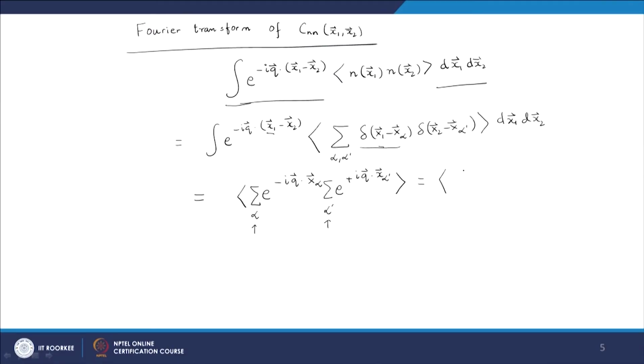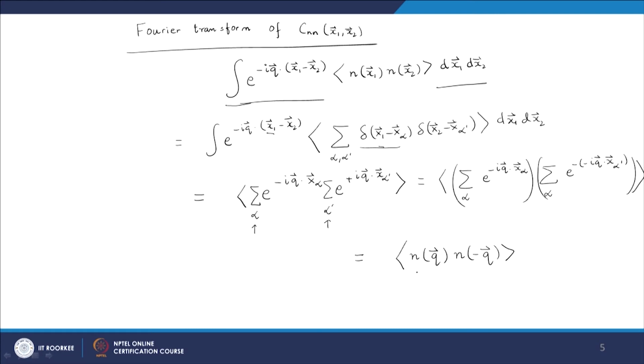So, I can write it as, since the second one is also a sum, and which I can write as, where this is a Fourier transform of n(x).